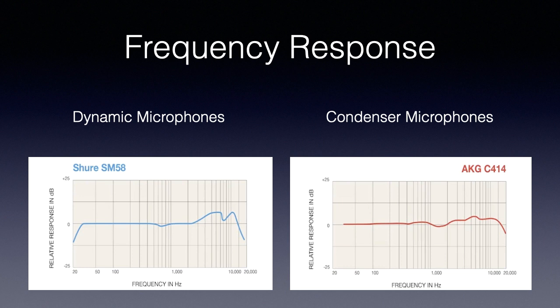From this chart, you can see that condenser microphones have relatively flatter frequency responses than dynamic microphones. The Shure 58 has an approximate range of 18 to 15,000 Hz, while the AKG C414 has an approximate range of 25 to 20,000 Hz.